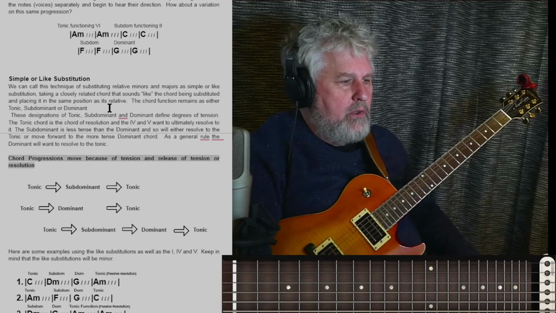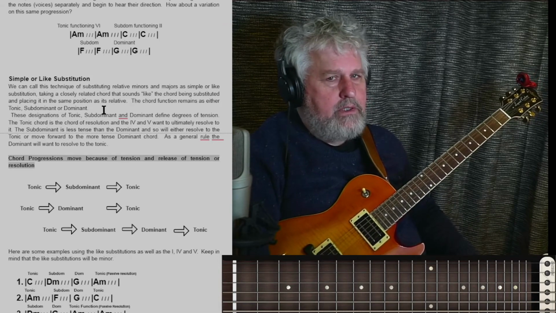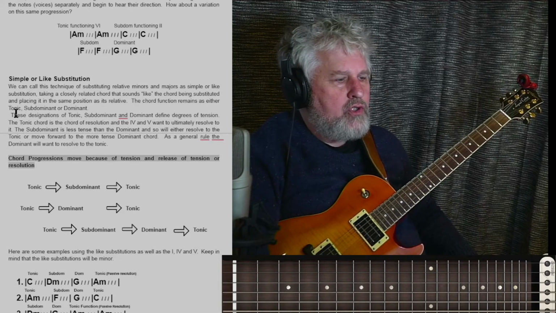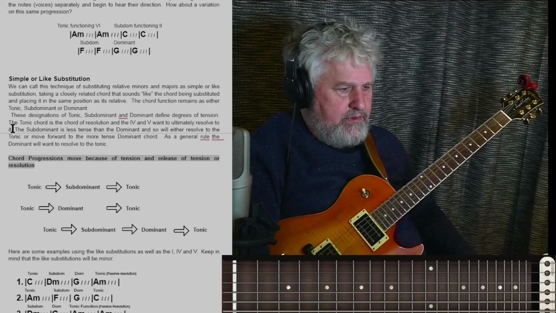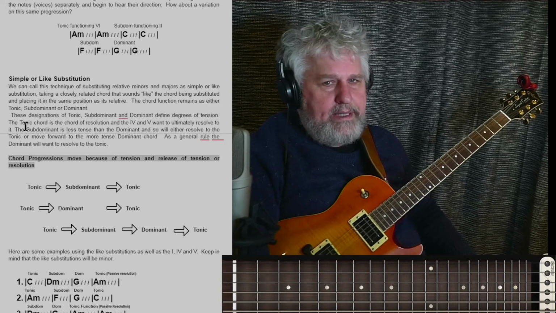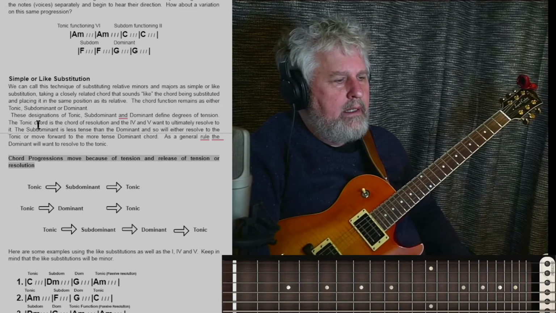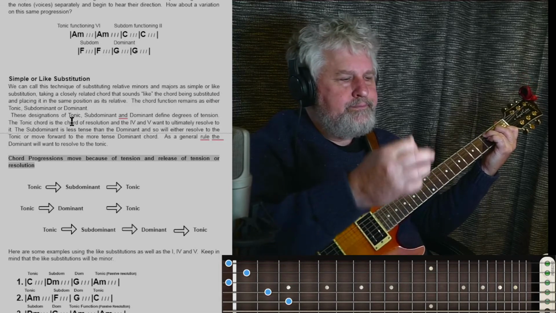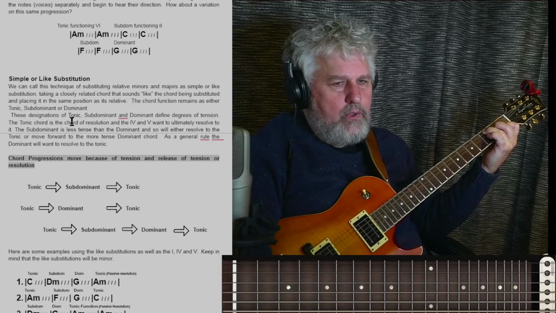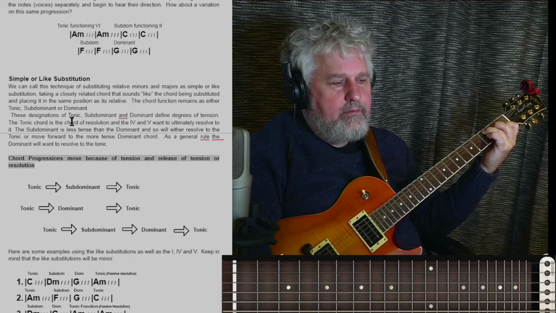Function. So we've only got three functions that we're going to look at, and those are tonic, subdominant, and dominant. And those functions have varying degrees of tension away from the tonic. Obviously, the tonic is no tension, right? It's a state of resolution.